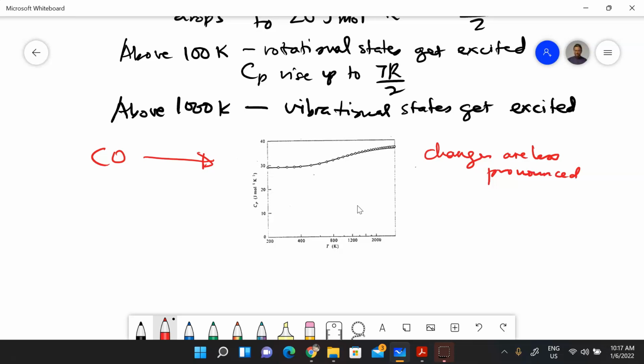Okay, but you can see as you go beyond, say, 1,000 here somewhere, T goes more than 1,000, then you can see they start to increase, because there you start to see your vibrational energy starts to come in.